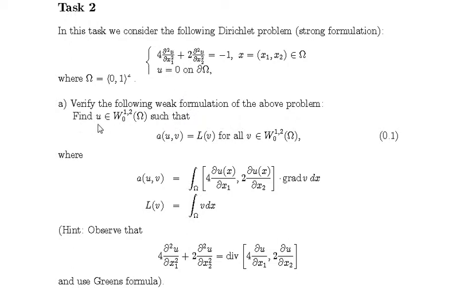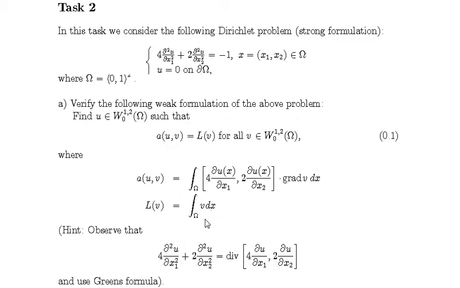We find u element in the Sobolev space W0 such that A of u v is equal to L of v for all v element in this Sobolev space, where the bilinear form A of u v is defined by this integral, and the linear form L of v is given by this integral.